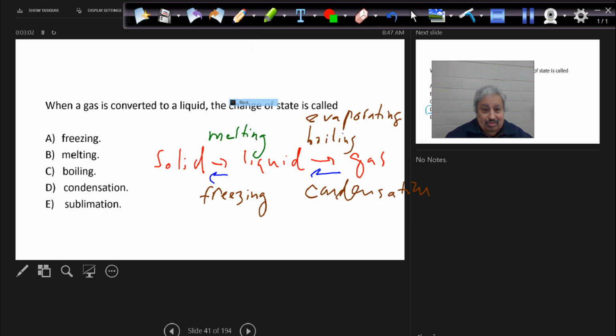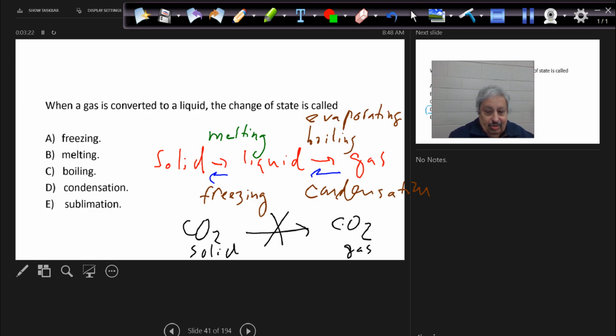However, sometimes we have very strange behavior. Some compounds, like dry ice, carbon dioxide, correct? So carbon dioxide goes from solid to gas. So there is no liquid. Liquid is not there.